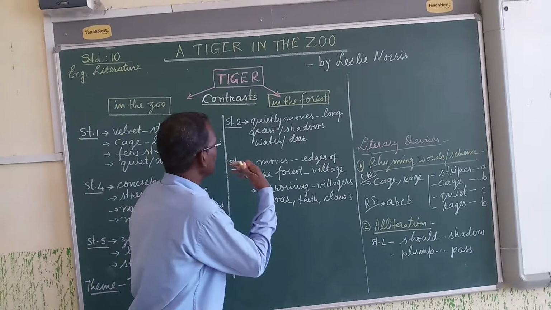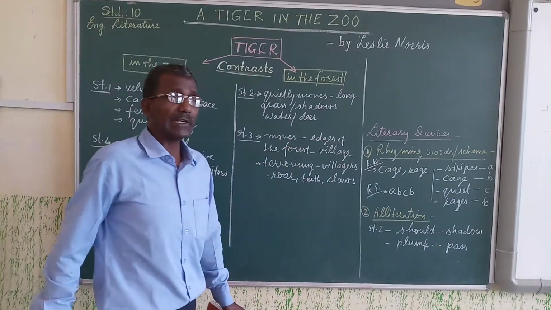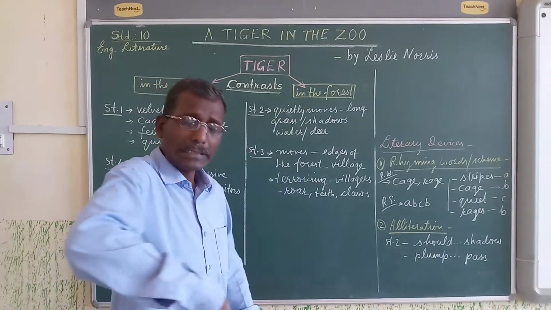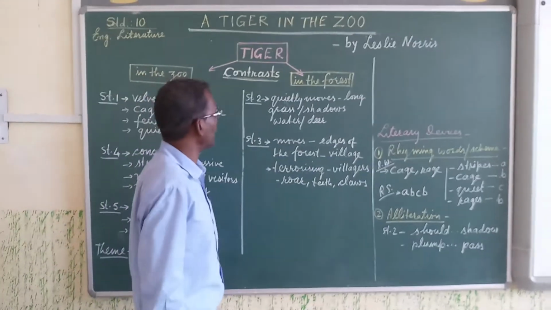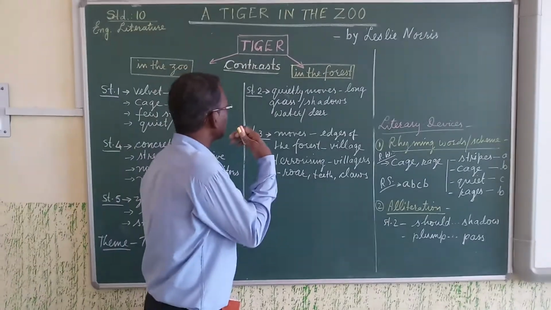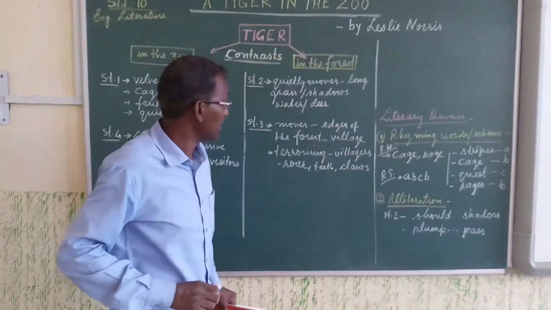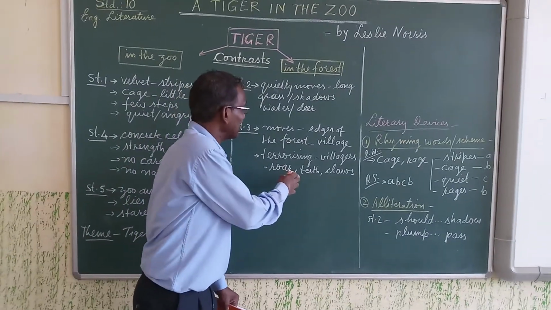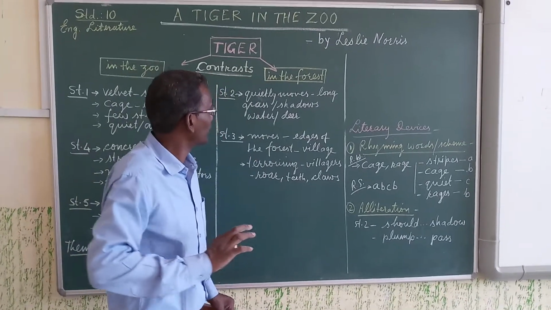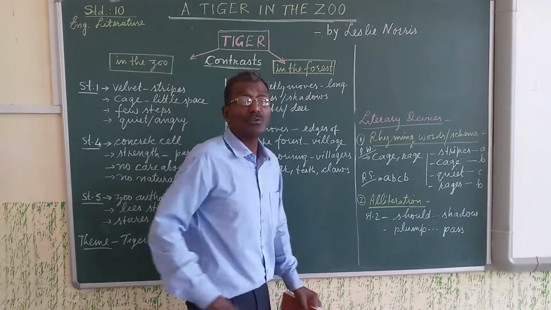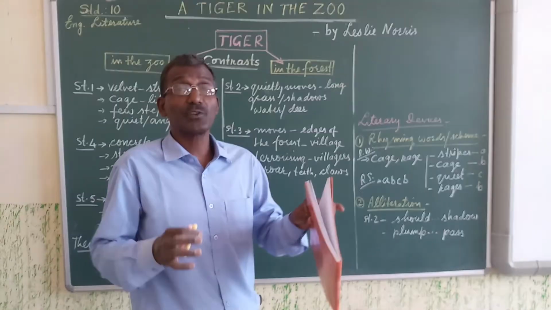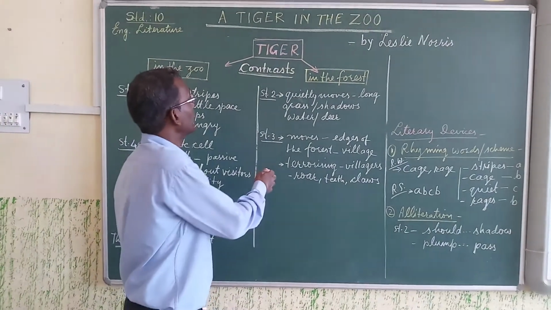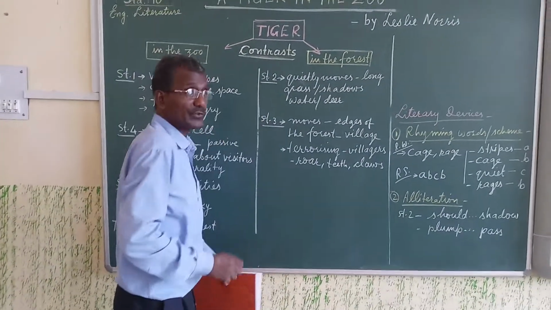When the tiger approaches the edges of the forest where the villagers are, the villagers are terrified to see the tiger, and when they hear the roar, when they see the terrible teeth, when they see the dangerous claws, the people of the village are terrified and run away for their life. This is how the tiger is in the forest.